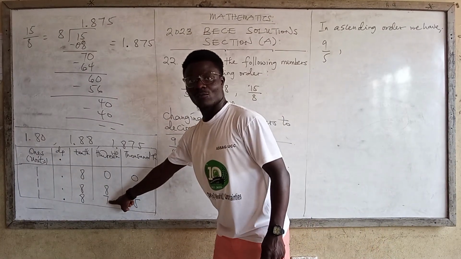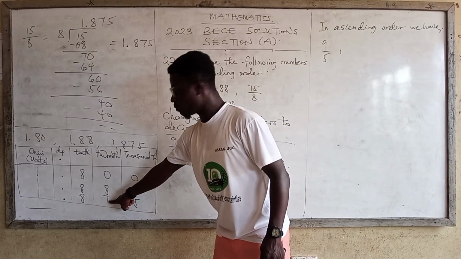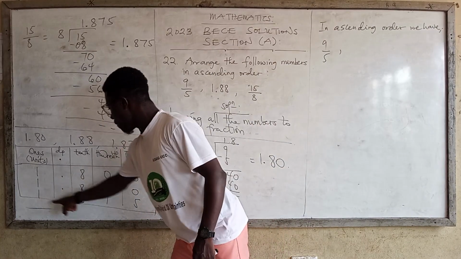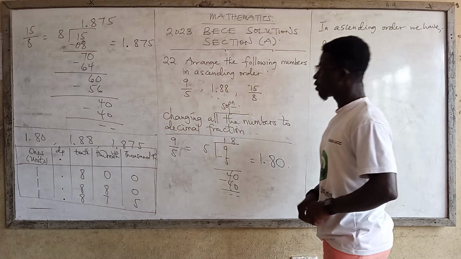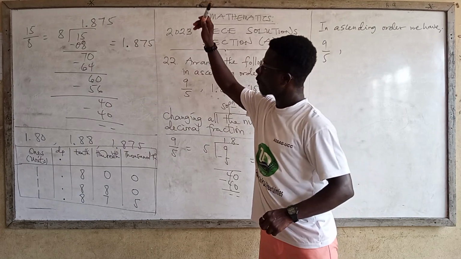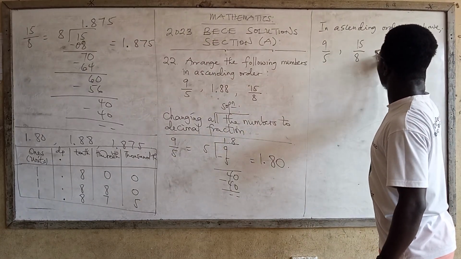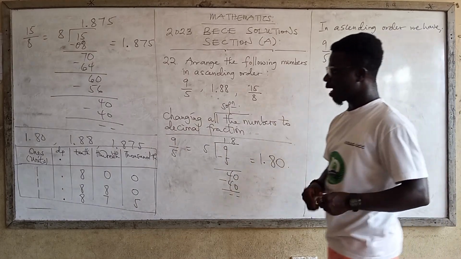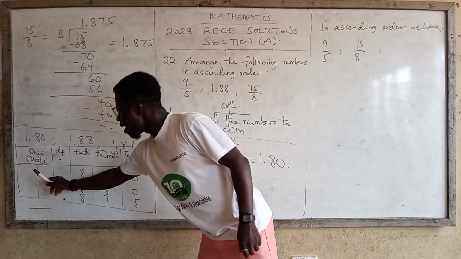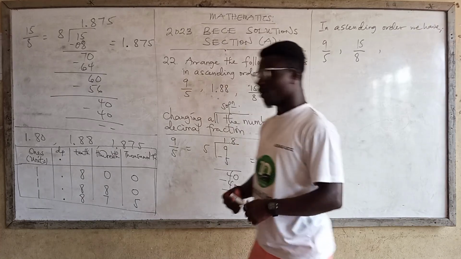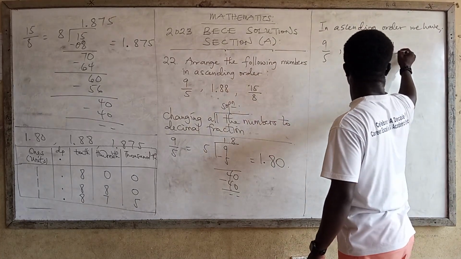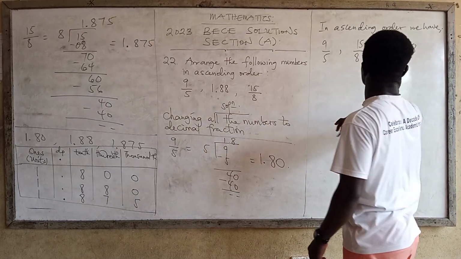Then after that we have what? 7, another smaller number, which is 1.875, and it corresponds to 15 out of 8. Then our last number is 1.88.